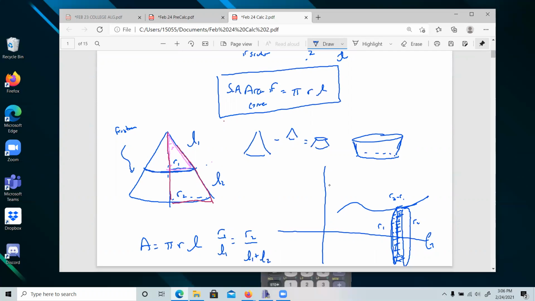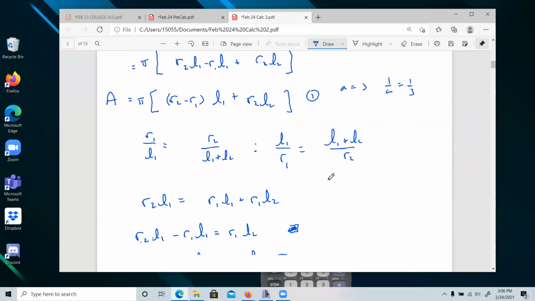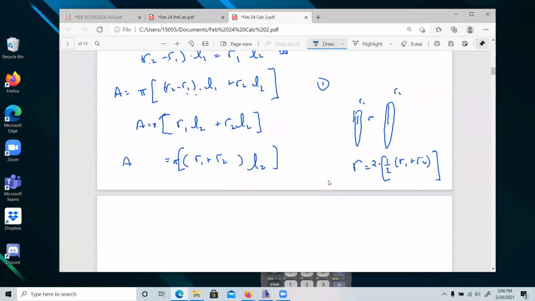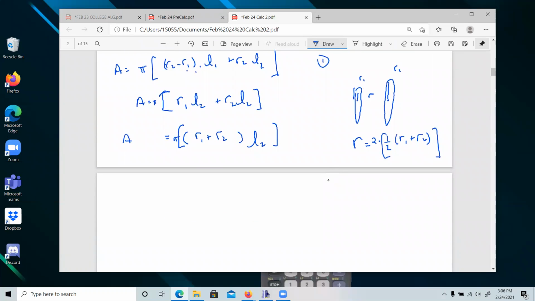So we're just going to shrink them down and use the average and call it R. Okay, shrink the distances together here. So we're just going to say this is 2R, because R1 plus R2 over 2. We'll say 2R is equal to R1 plus R2. Okay, average.